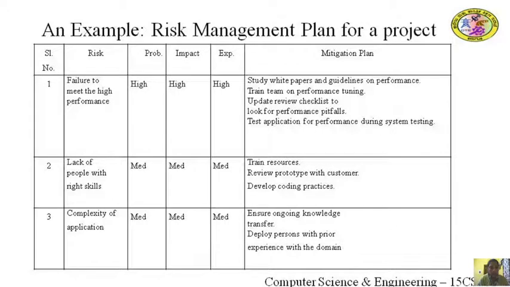In the table given here is an example for the approach explained here. In this example, various ratings and the risk mitigation steps are shown. As we can see here, the risk management plan can be very brief and focused.